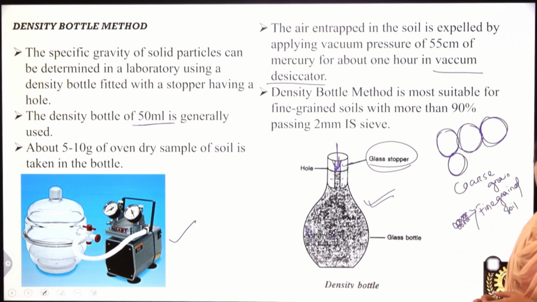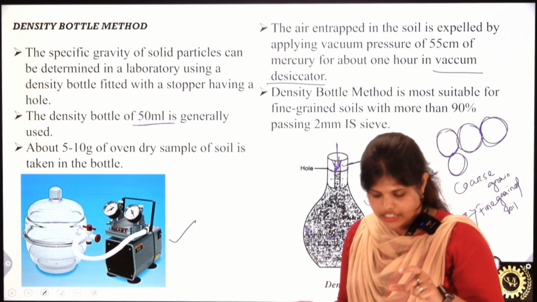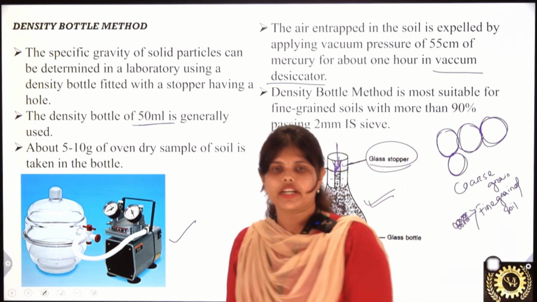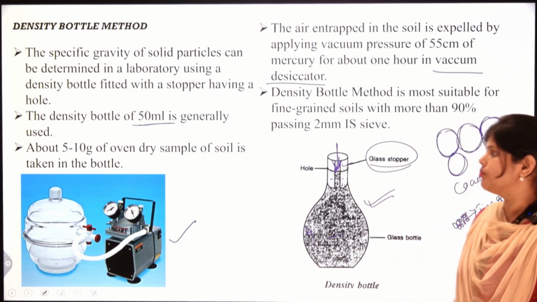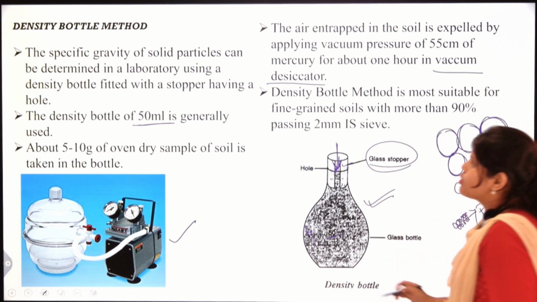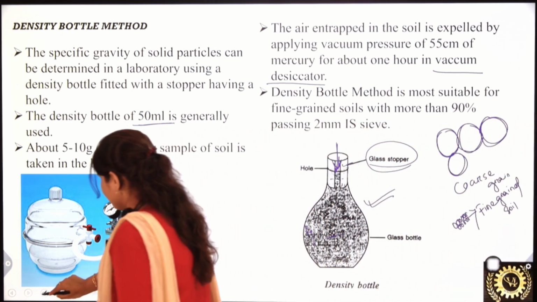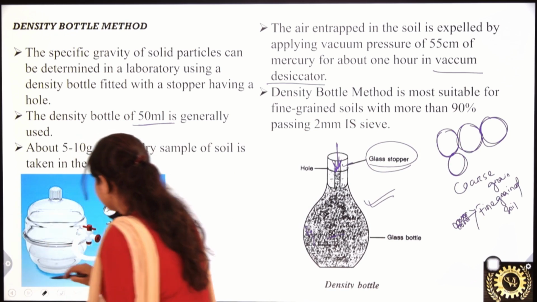If it is in between coarse grain and fine grain, it is termed medium grain soil. So what we do in the density bottle method, we will discuss briefly.